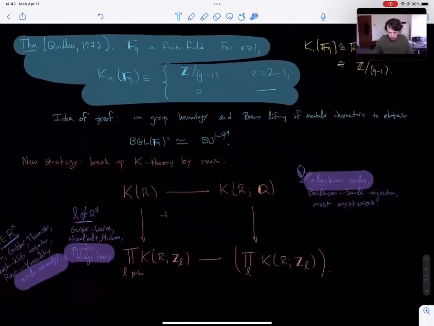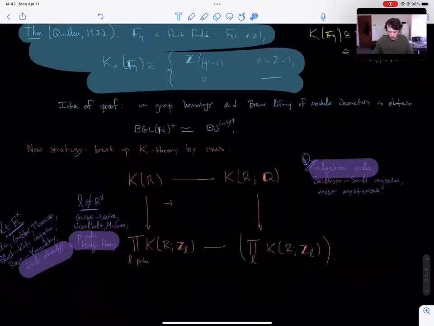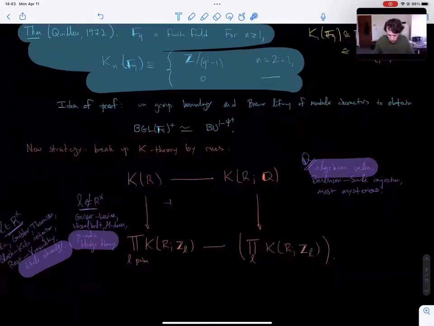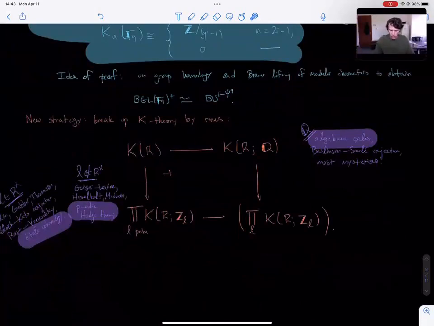So let me say a little bit about how it's done in practice these days, which is to break K theory up into different arithmetic parts. That's because there's a pullback square. This would be true for any spectrum. It's called an arithmetic fracture square.